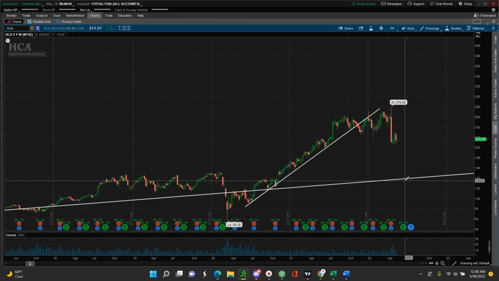So, for instance, if I'm trading off the weekly chart, more than likely I'm not going to go out less than a week as far as the expiration is concerned. When my context is the weekly chart, you know what I'm saying? Because I only get one candle per week, and that's not enough data.